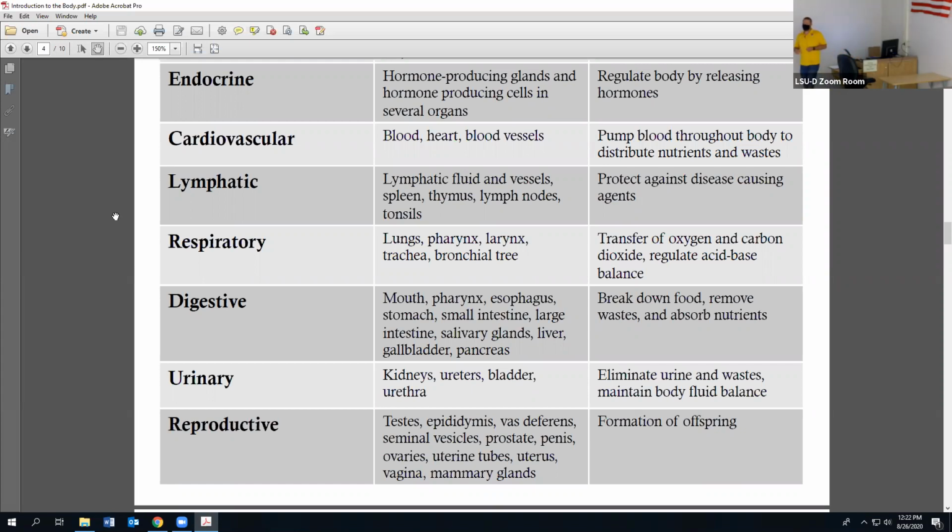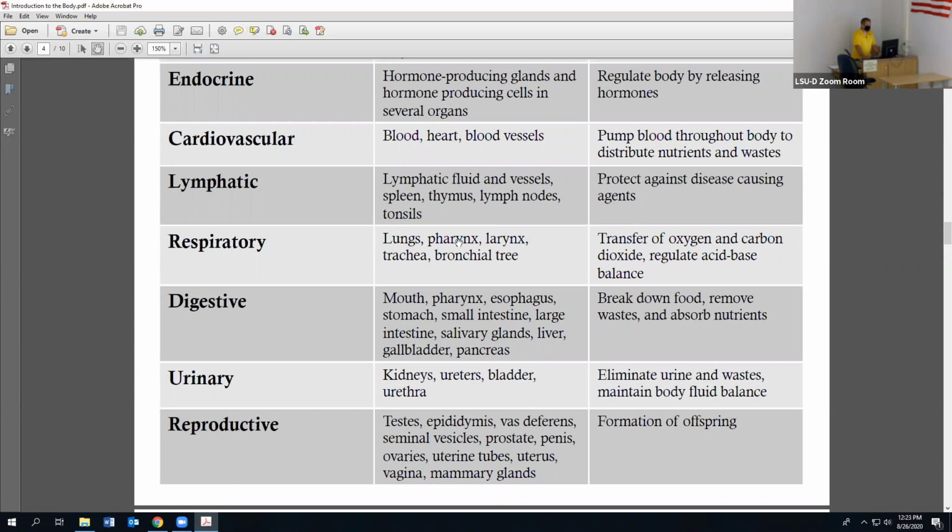The table here that I included gives you the system. That's the column that you guys are filling in right now. In the middle is a list of organs that belong to that system. You might see some organs belong to multiple systems. Like the pancreas, you'll see it in a couple of different places because it functions for 2 different systems.